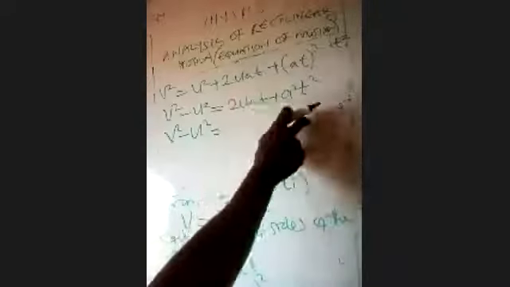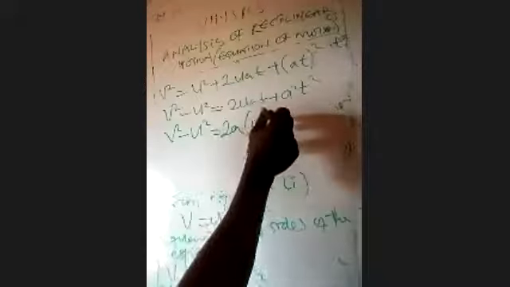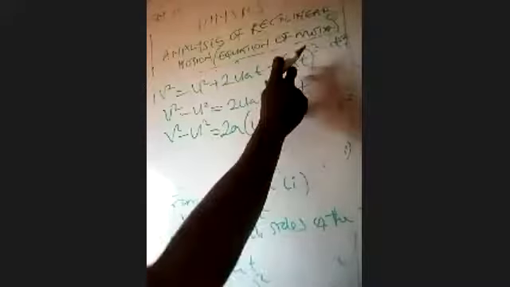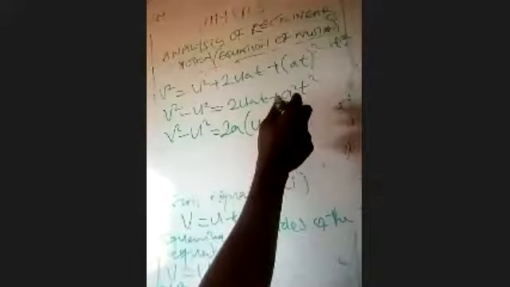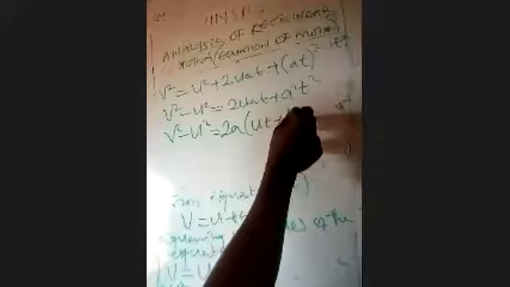Now, let us move on. Here we can now say v squared minus u squared is equal to 2a into bracket ut plus half at squared.